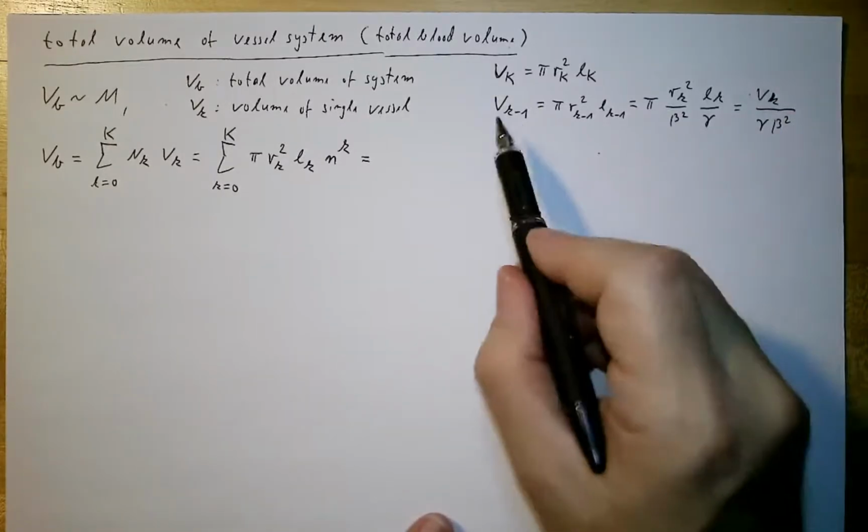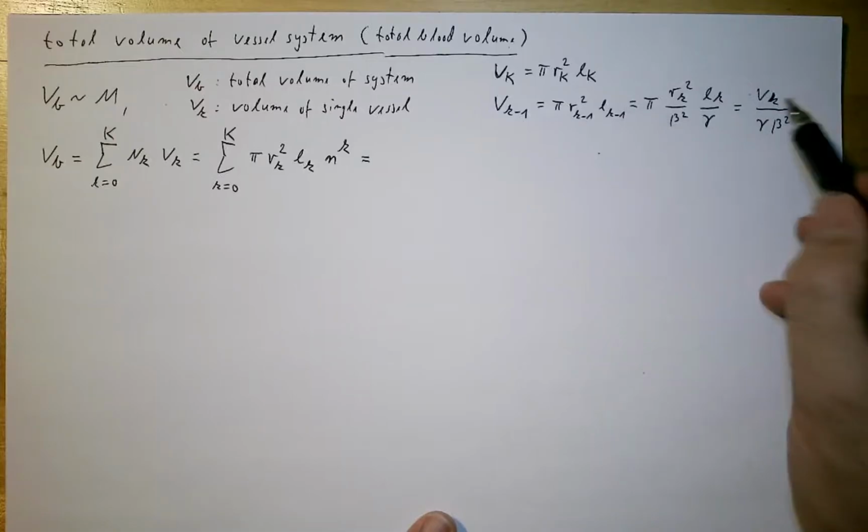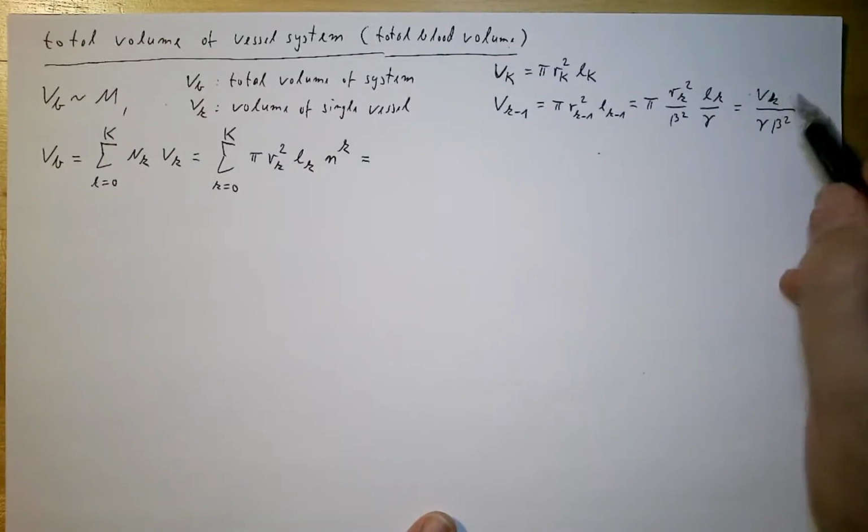So we see the volume of a vessel at the next level is given as the volume at a deeper level in the branching divided by gamma beta squared.